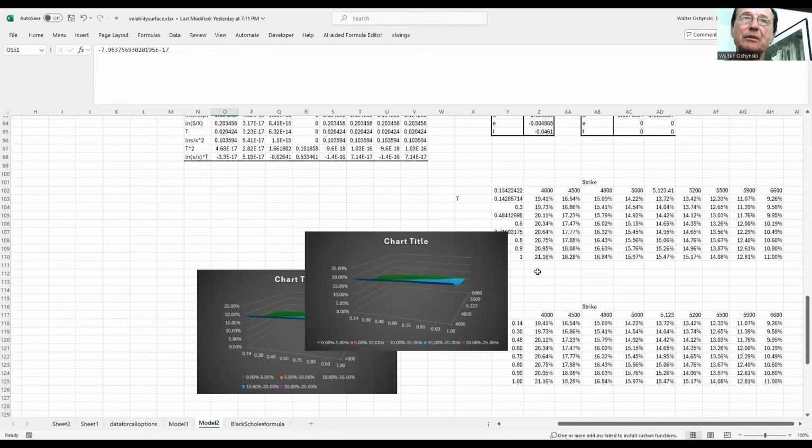I copied the information again as fixed values in order to remove the cell, because if I remove them here, everything is gone. So I can't do it this way. I have to copy and then use this as the basis to create the volatility surface. Okay, this is all. I hope you like it and you learned something. Thank you very much. Bye.